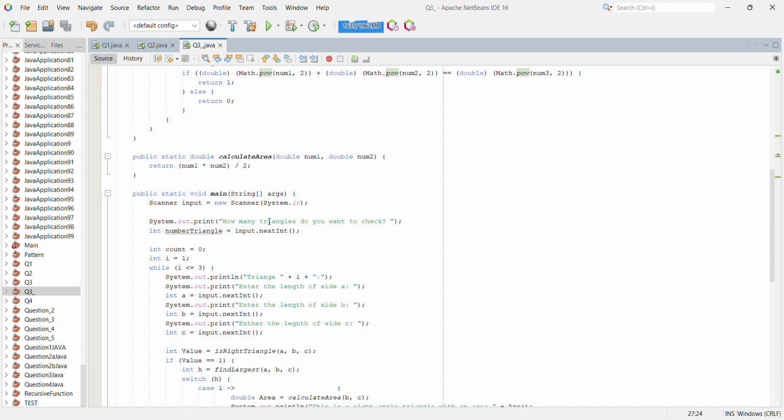Our final method is to calculate the area of the triangle. As we know, in order to find the area of a right triangle, we must use the two sides that are not the hypotenuse.